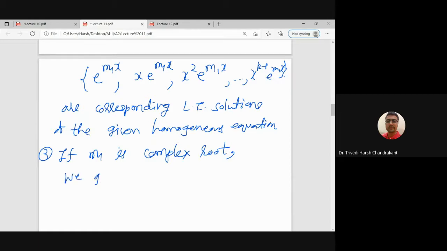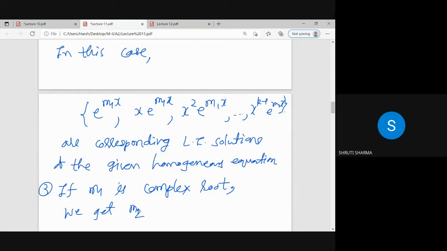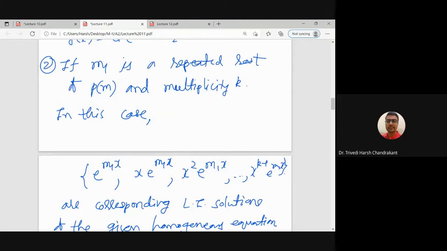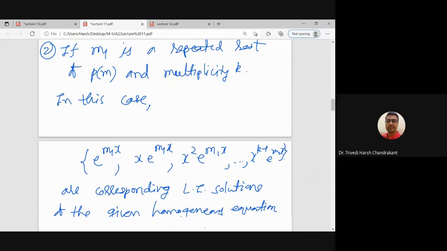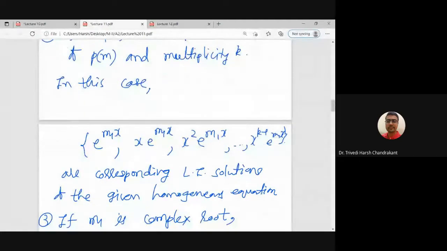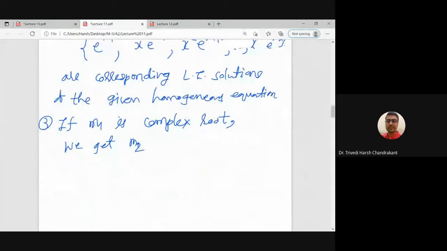Yes, sir, in the above case, if m1 is a root with multiplicity k and m2 is a root with some other multiplicity, then correspondingly, we will get independent solutions. So suppose m2 has a multiplicity L, then the corresponding L solutions will be e power m2x, x e power m2x, x square e power m2x, up to x power L minus 1 e power m2x. Right. So we'll see some examples afterwards, at least of the third order and fourth order.